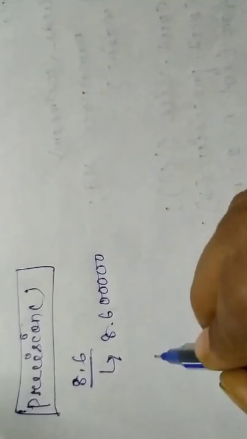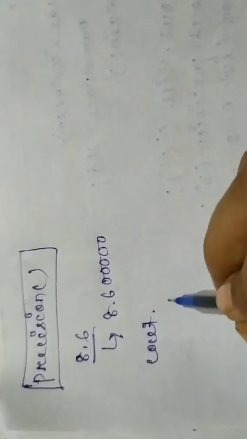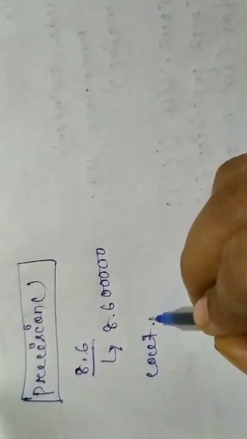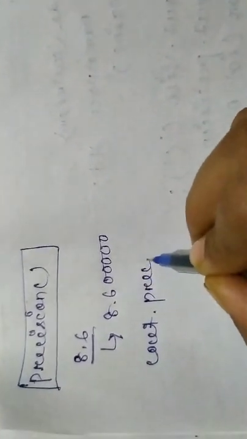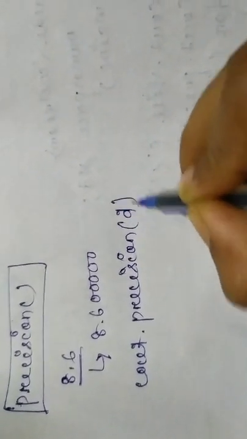It can be called using the cout object, that is, cout.precision, and you write the number of decimal digits you want to display.